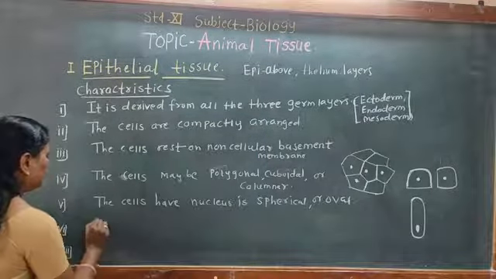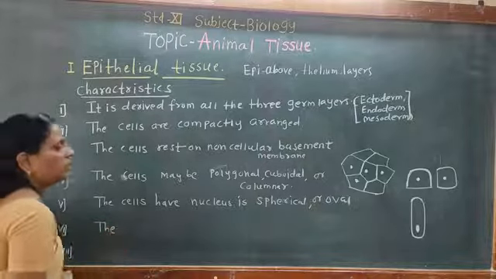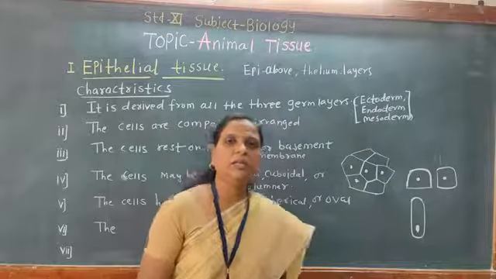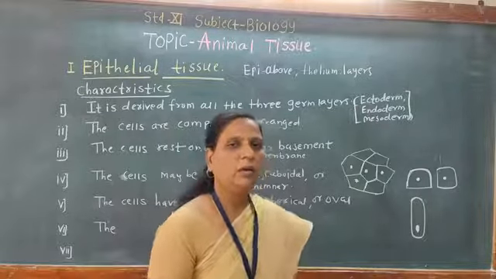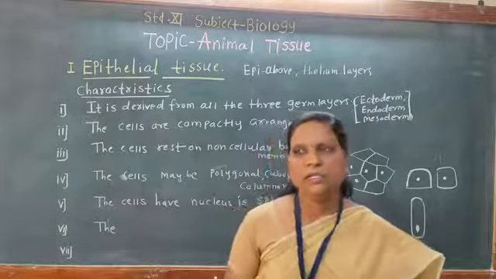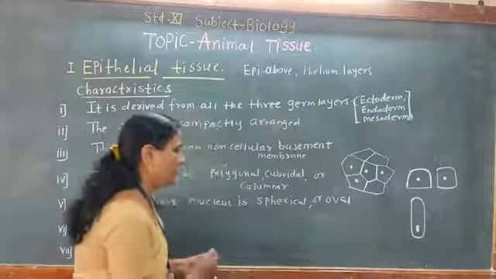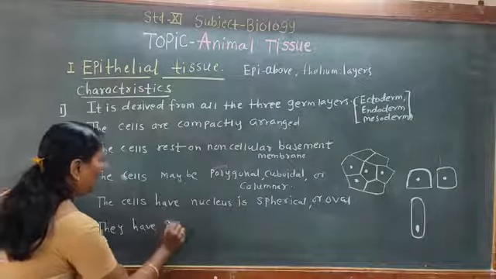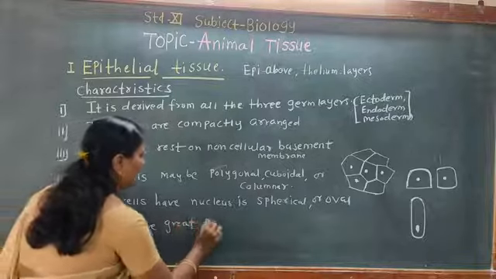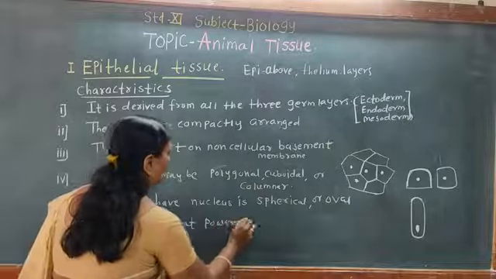Then the cells have the capacity to divide and redivide continuously. So they have the power of regeneration. It is an important characteristic of epithelium. They have great power of regeneration.